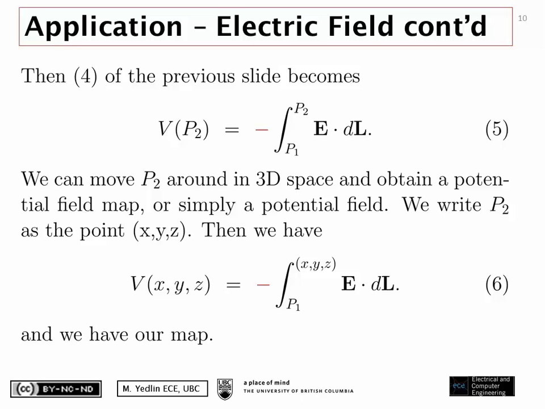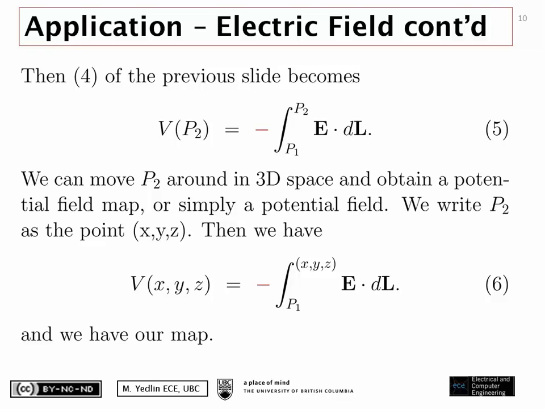We continue with the previous discussion. We decided that in a true 3D problem, V of P1 is equal to 0, so it no longer appears on the left-hand side, and we have V of P2 depending on where P2 is. So for every choice of P2, we get a different value for the voltage of P2, referenced to infinity.